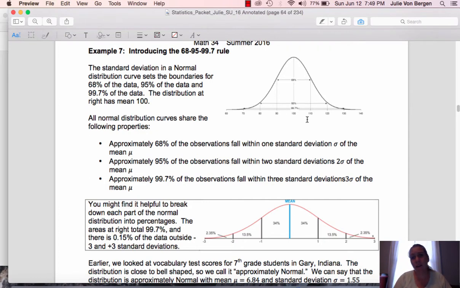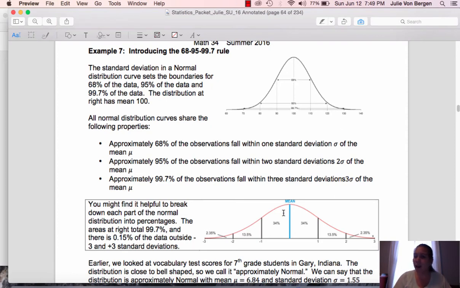So this graph has standard deviation of 10, and 68% of the data fall within one standard deviation. This is true for any normal distribution graph. So once you label your mean in the center and use your standard deviations to label, you can figure out where the 68% of the data lie.